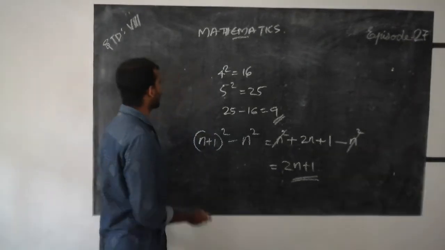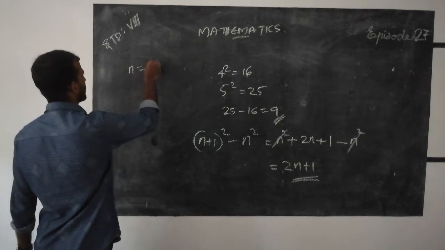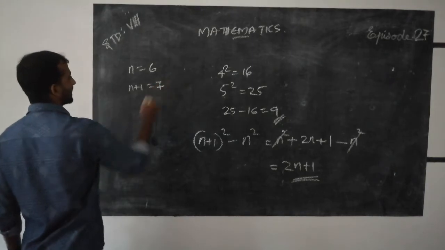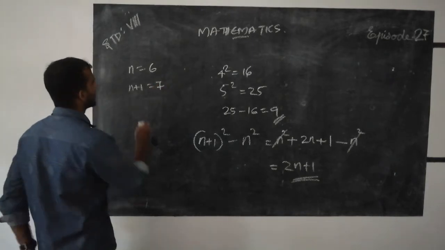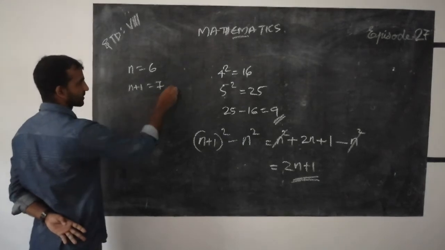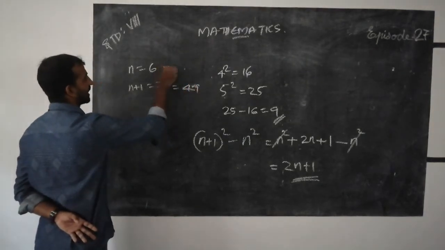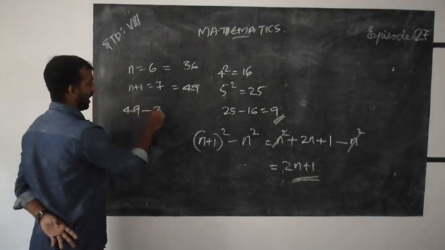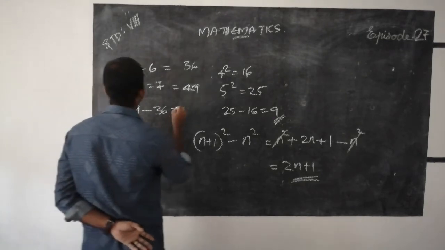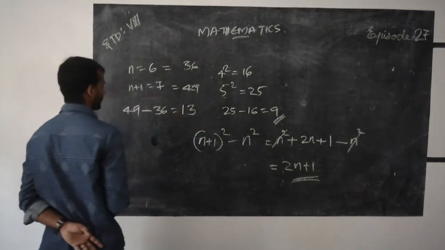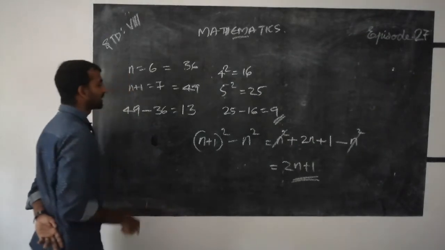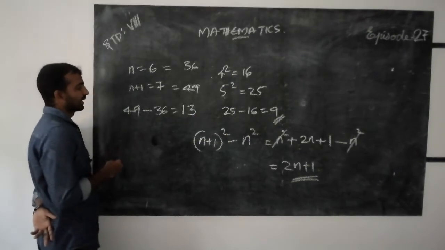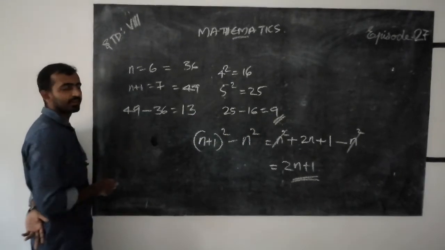We can take another example. n equal to 6, n plus 1 is 7, that is (n plus 1) the whole square means 7 square, 49. Here 6 square is 36. We take the difference, that is 49 minus 36, we get 13.